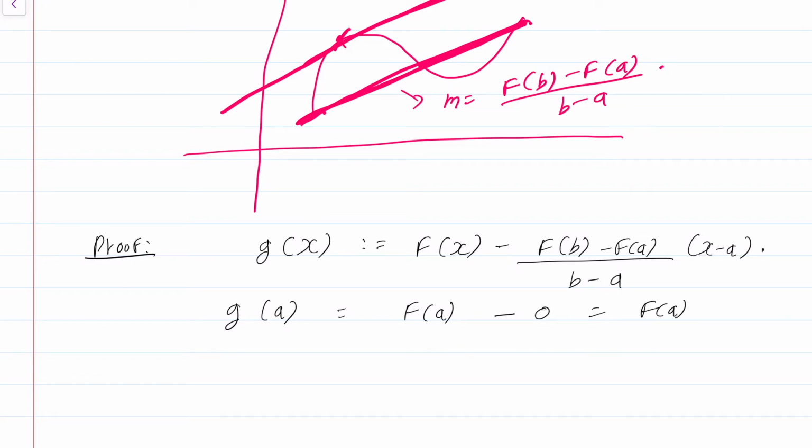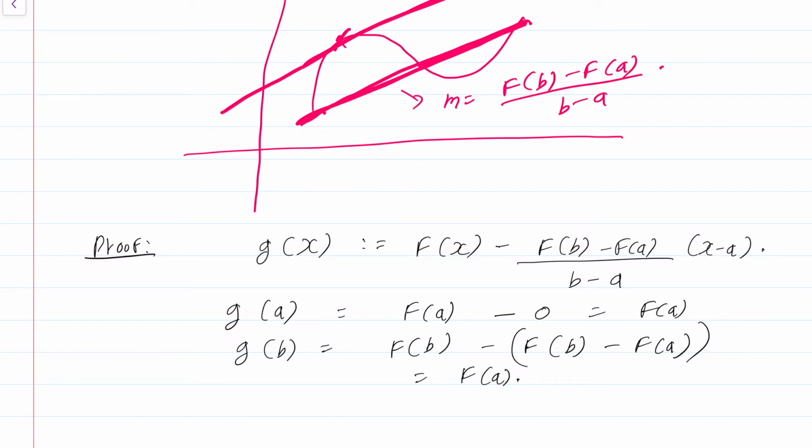And g of b is going to be equal to f of b minus f of b minus f of a, and this is equal to f of a again.